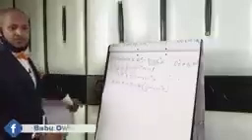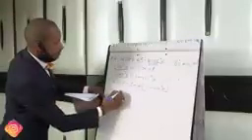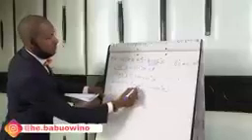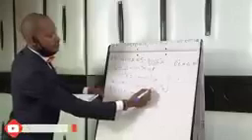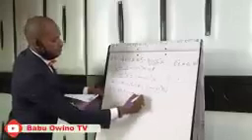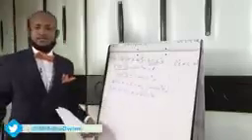Then we open the brackets, we expand it. That is 4 sine x equals 5 minus 4 times 1, which is minus 4. Then minus 4 times minus sine squared x is plus 4 sine squared x. Remember I told you minus times minus is plus.